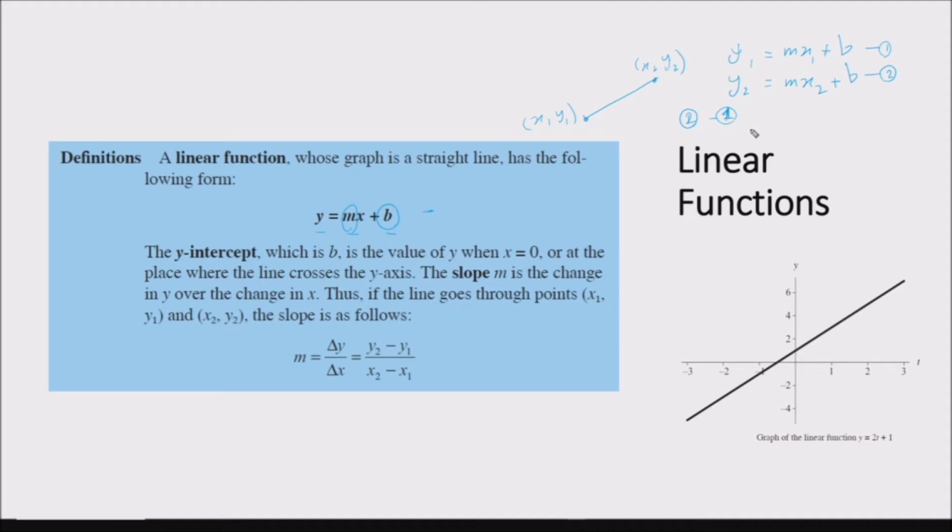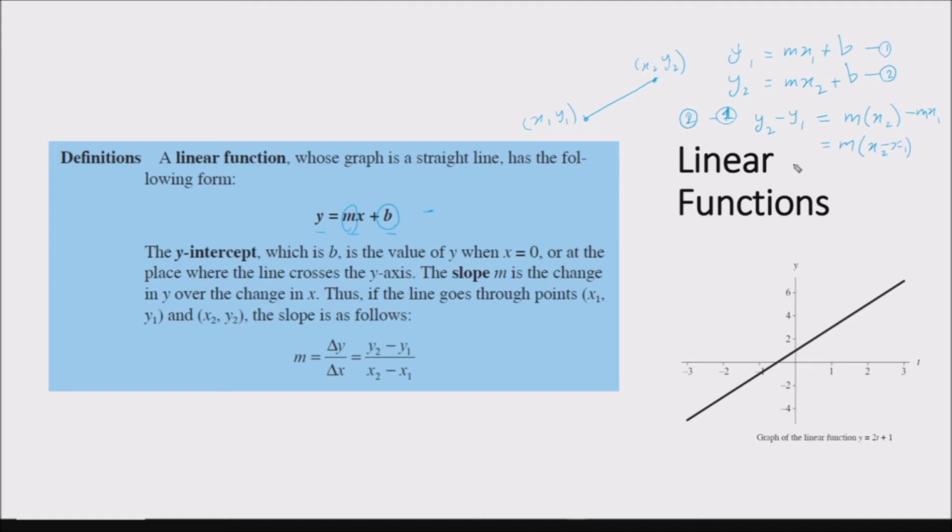What I get here is this, and that will be equal to, when you subtract one from the other, this b and this b cancel off, so I will get mx2 minus mx1, right? What this means is I can take the m out and have x2 minus x1 in there, right?